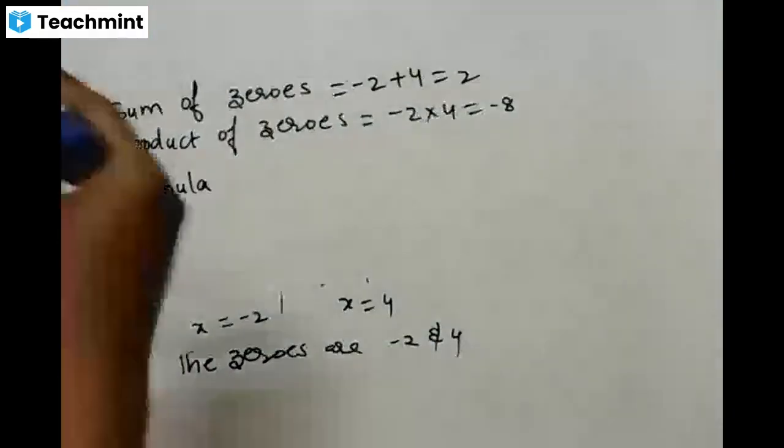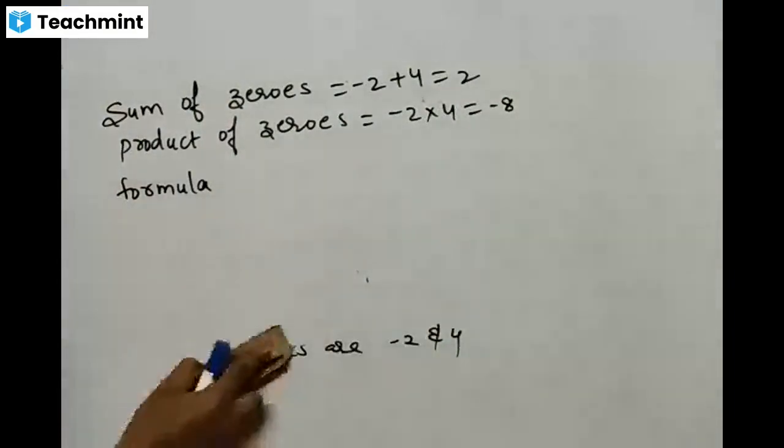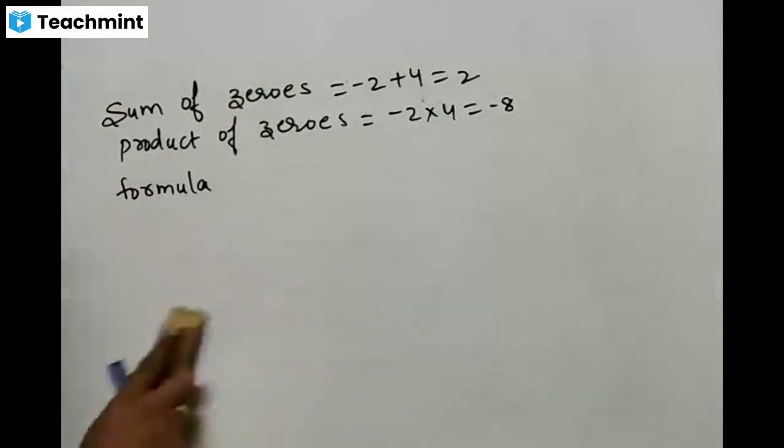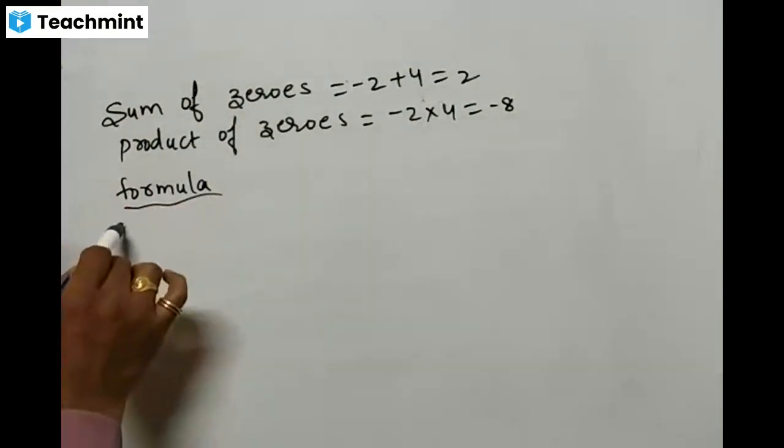Okay. Now by using the formula, now we will see the relationship between coefficients and sum of zeros. Formula.